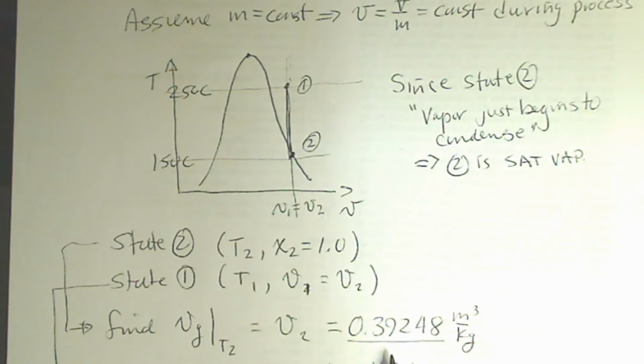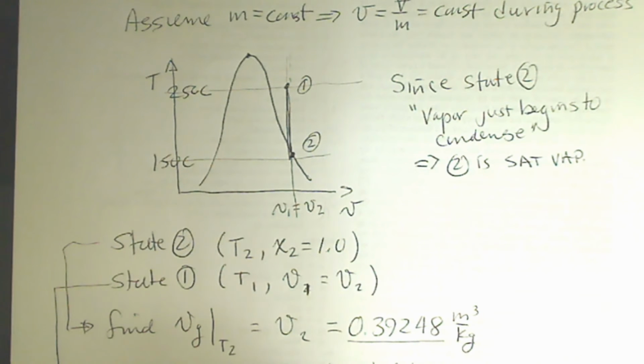At 60 kPa, the value is 0.39390. So at 60 kPa and 250 degrees, we find the specific volume is 0.39390.